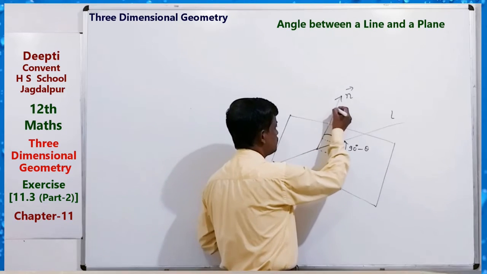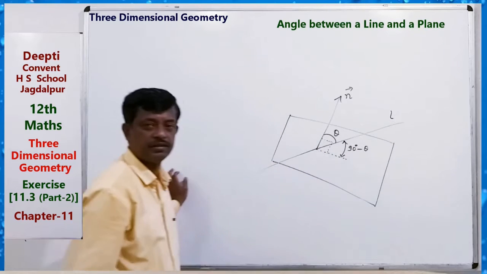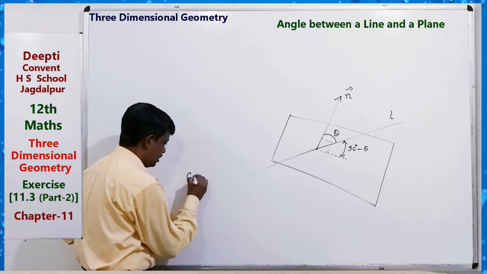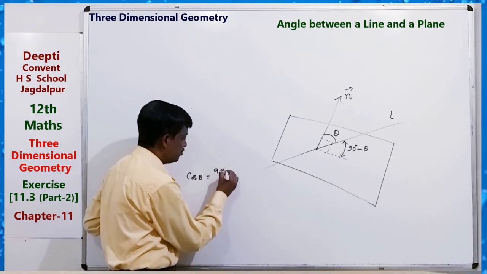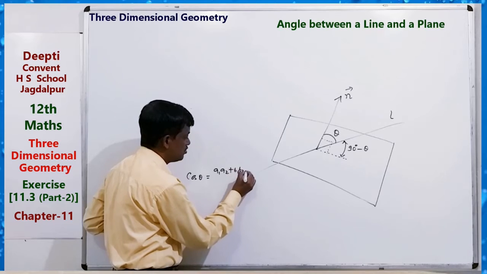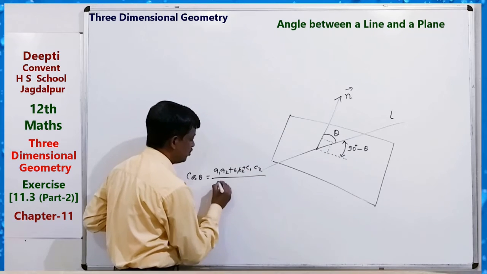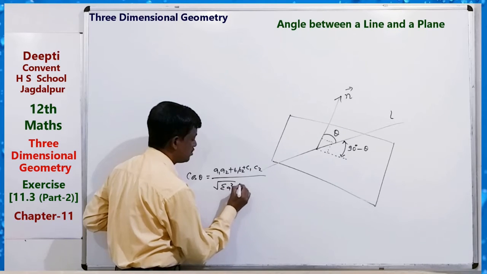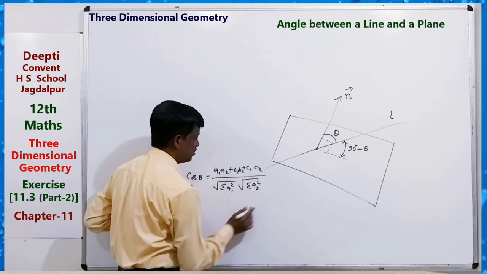If its direction ratios are A1, B1, C1 and A2, B2, C2, then we can write cos theta equals what? A1 A2 plus B1 B2 plus C1 C2 upon root over summation A1 square into root over summation A2 square.